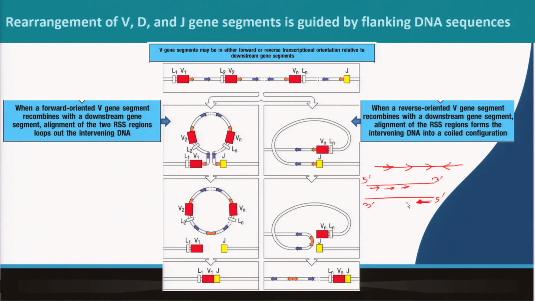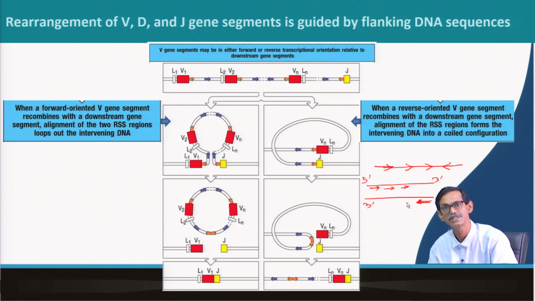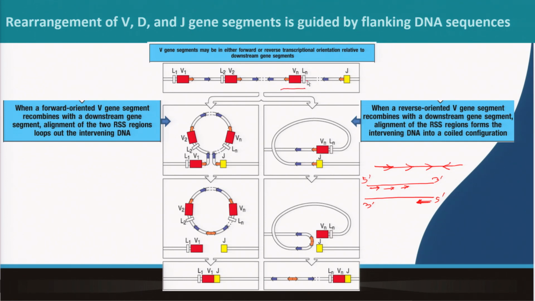It is not reversed; it is the same way, other direction. So all genes are 5 prime to 3 prime. In this case, this particular one and this J1 are also in this direction. If they want to come together like two opposite facing segments, we have to make this structure.